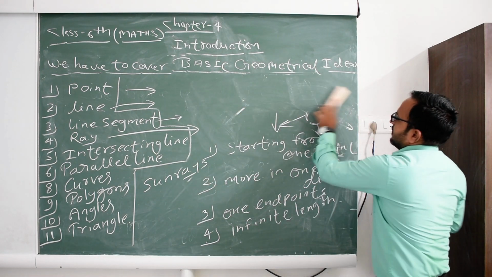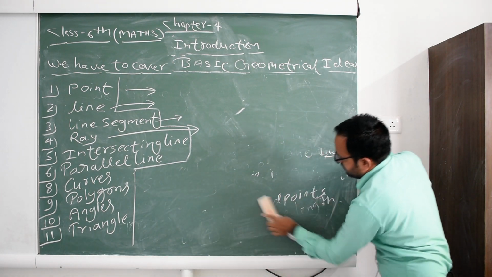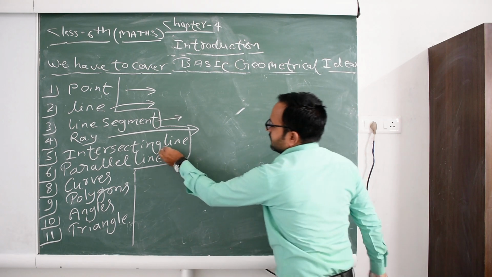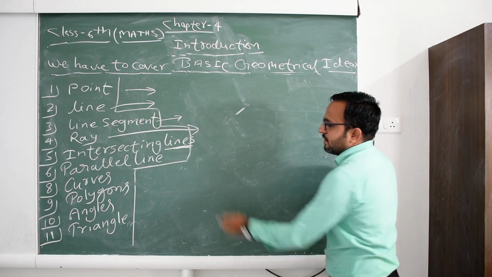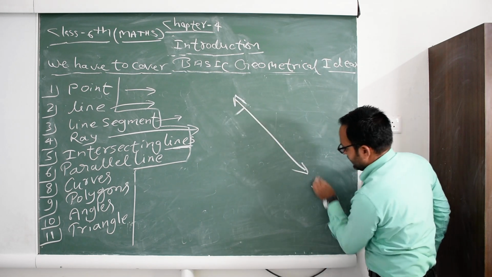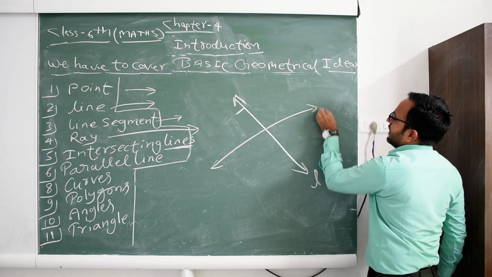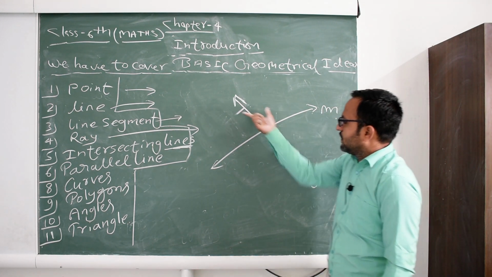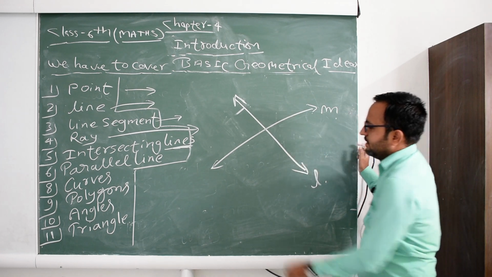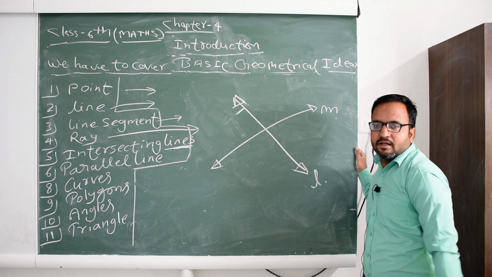Intersecting line. If there are two lines, line L and line M, denoted by arrows, so this is a line.